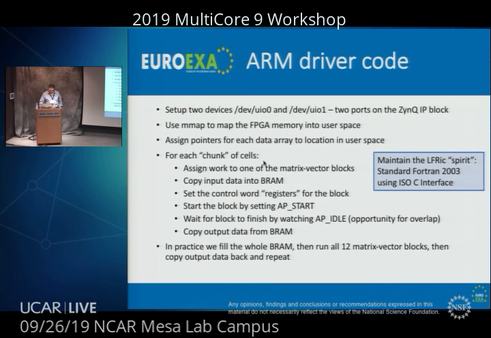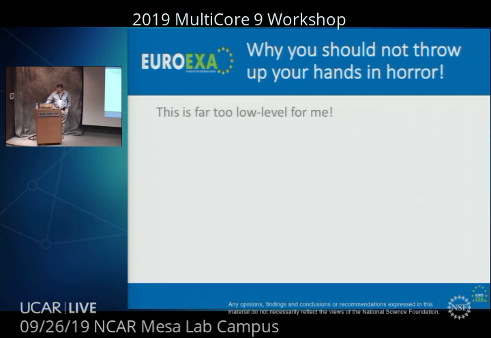I originally did all this coding in C because I thought I had to, but I then realized that actually you can maintain the Elfric spirit. Elfric is written entirely in Fortran, and when I implemented this stuff in Elfric, I was able to do it all in Fortran using the ISO-C interface to interface with things like the mmap system call that you need.